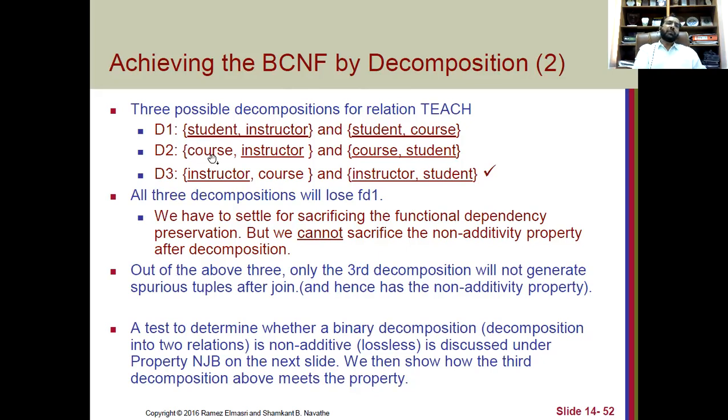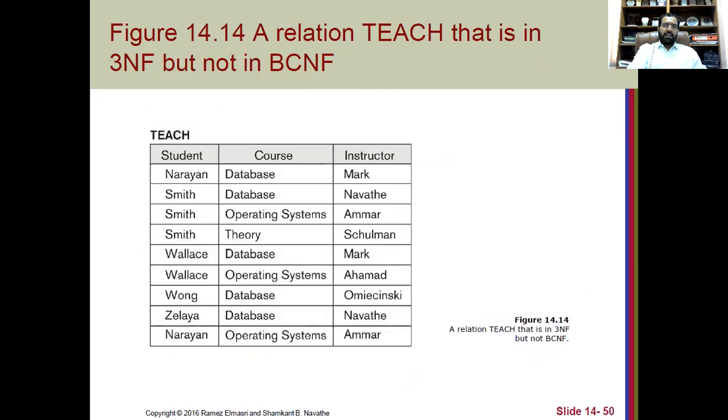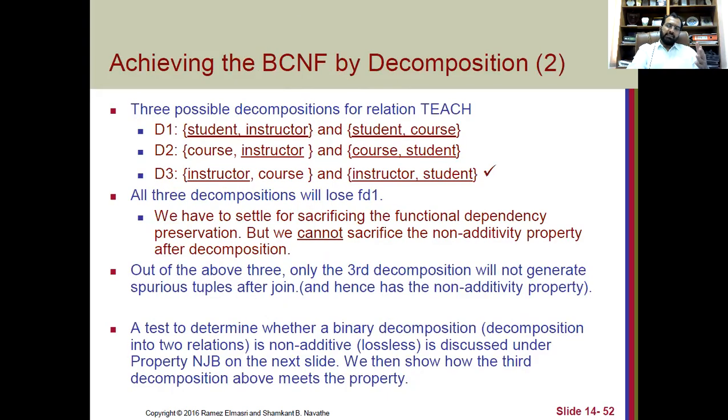For D2, you can have instructor as a key and course as an attribute, and course and student can appear. So there are three possible combinations. As homework, you must take this table and try to break it as given, and see whether the objective is achieved or whether there are still anomalies. Then you will understand how this is possible.